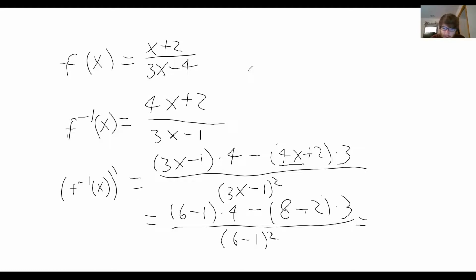Simplifying this out, 6 minus 1 is 5, times 4 is 20, minus 8 plus 2 is 10, times 3 is 30, all over 6 minus 1 is 5 squared, which is 25. We're going to get that this is negative 10 over 25, or negative 2 over 5. So there is our slope.